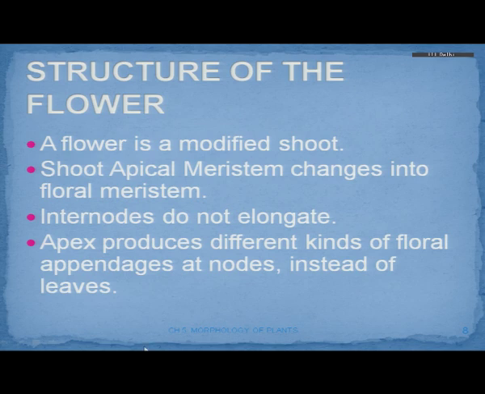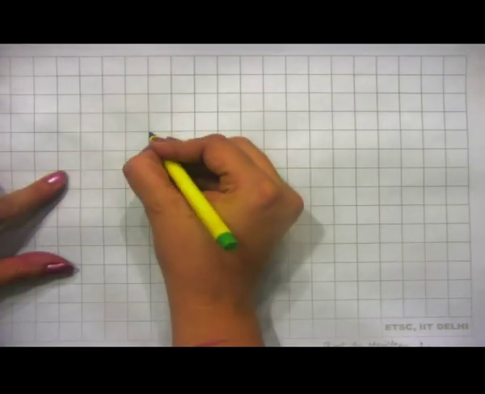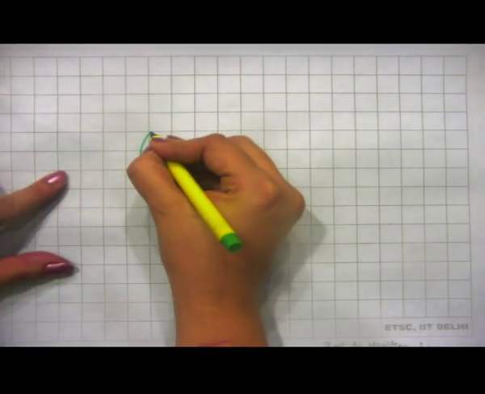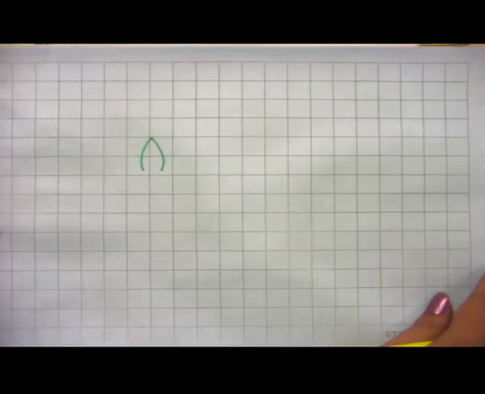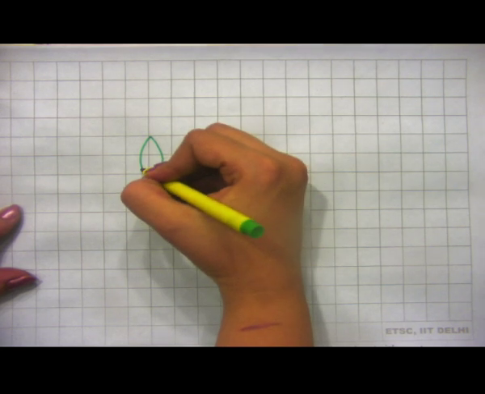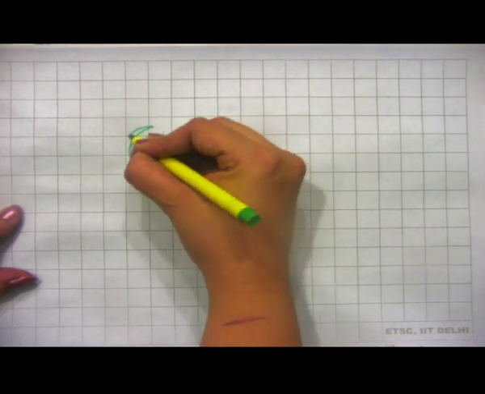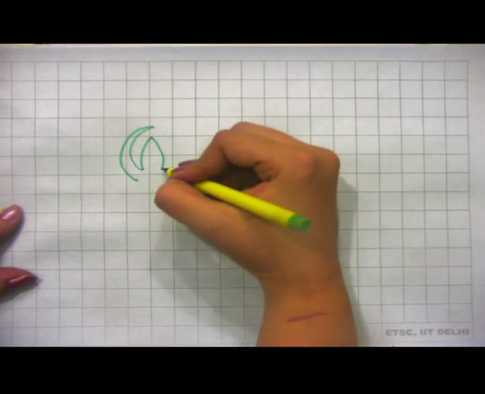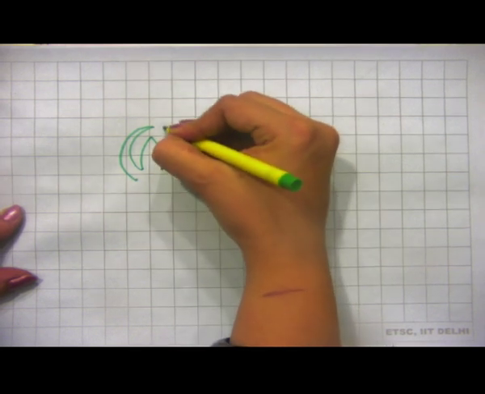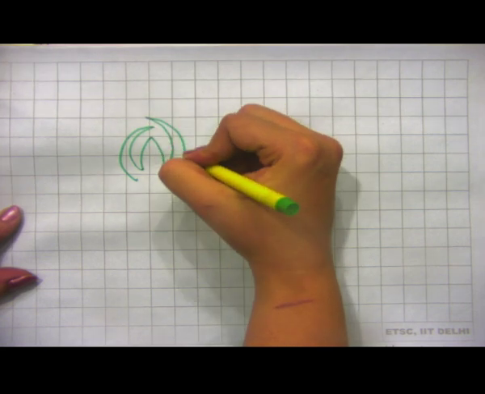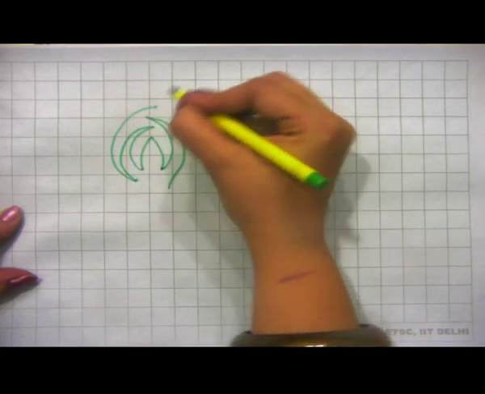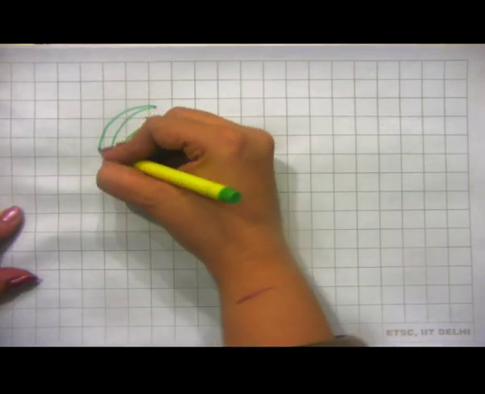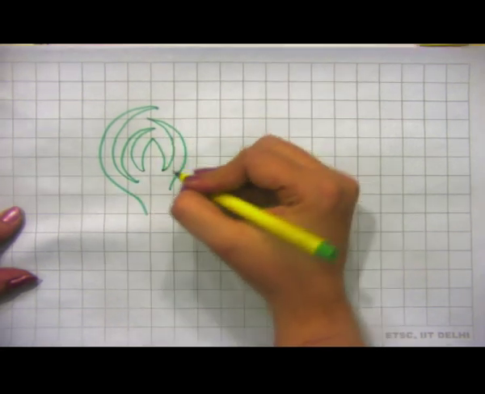Let us see what happens. Suppose this is the shoot apical meristem. In a stem, the shoot apical meristem is profusely covered by the leaf primordia. These leaf primordia help to protect the growing apex of the shoot.